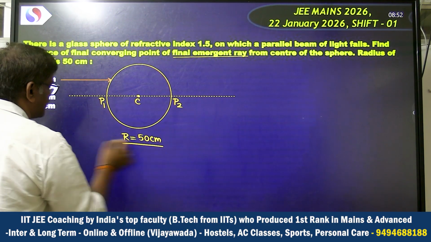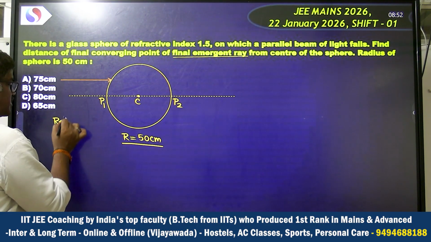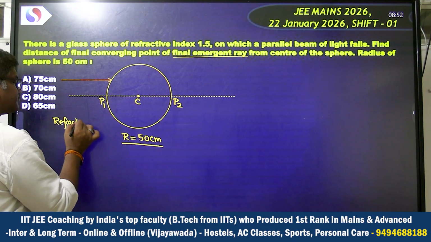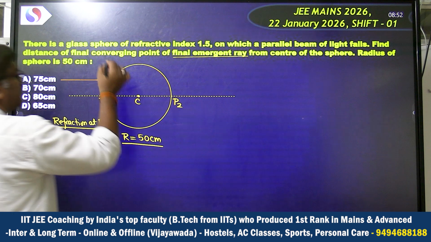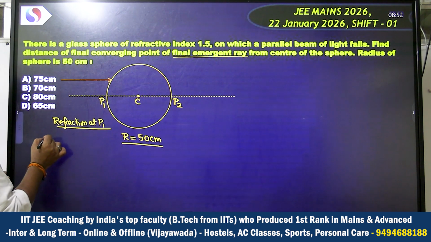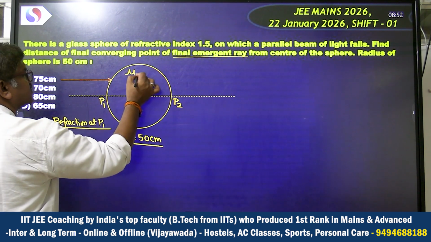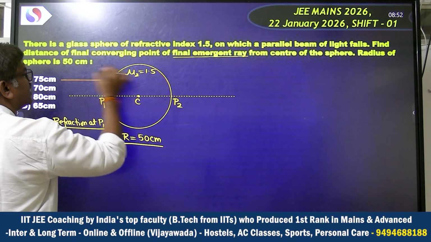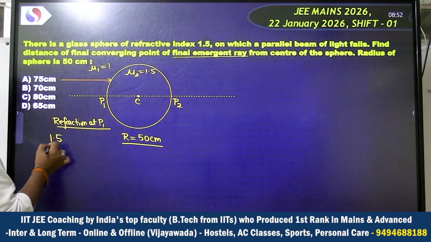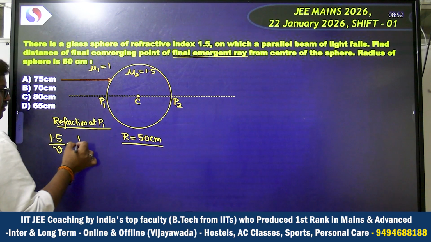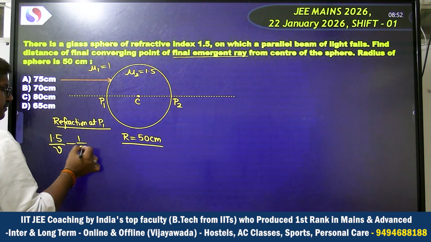So let's talk about the refraction at P1. The refraction formula is mu2 by V minus mu1 by U equals mu2 minus mu1 by R. Mu2 means 1.5, mu1 means air, so it is 1. Here U is infinity, a parallel ray.